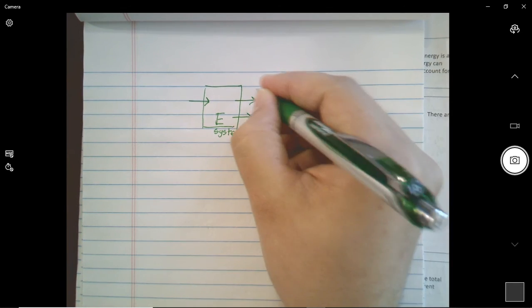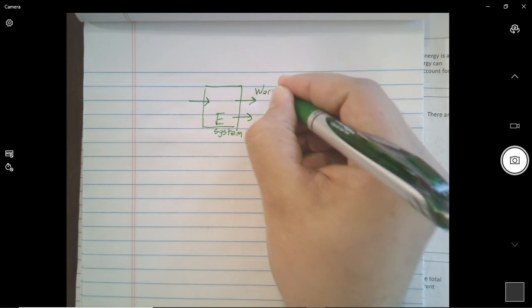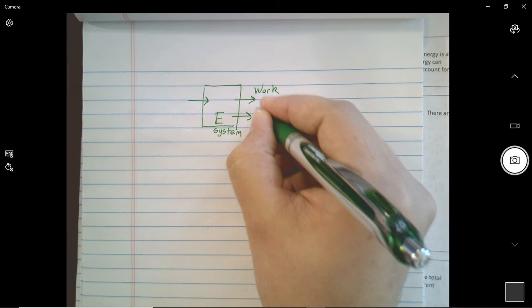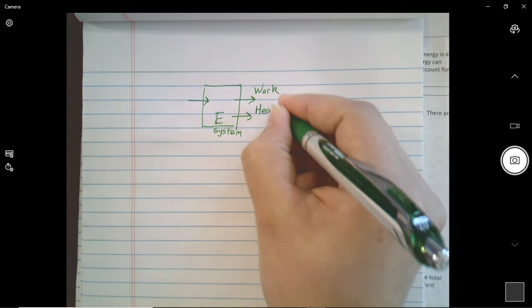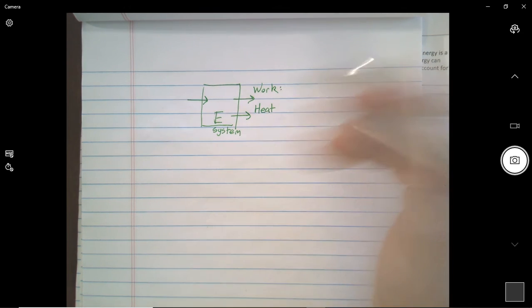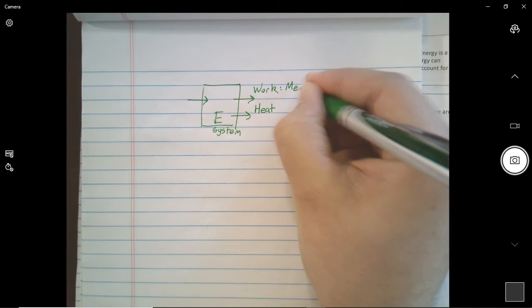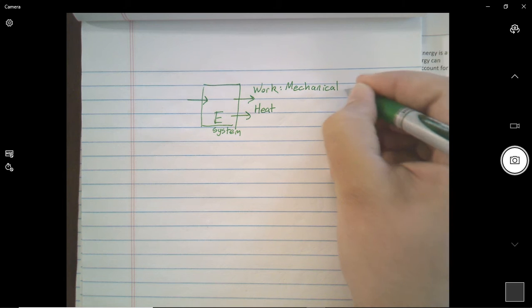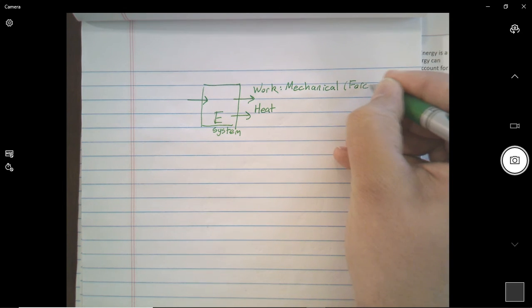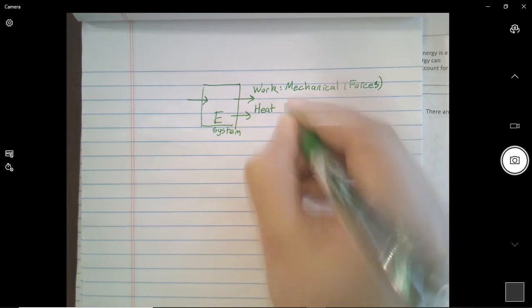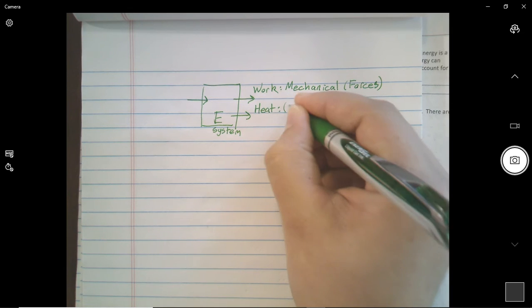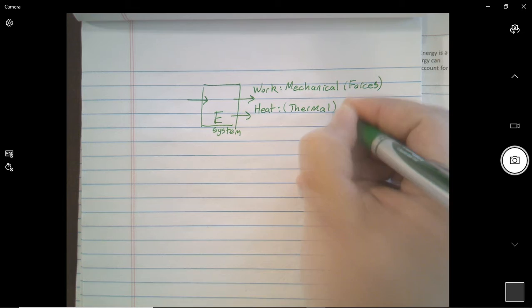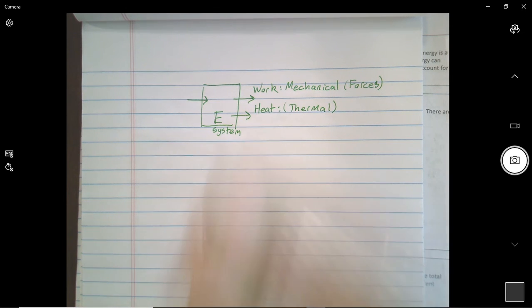One way it can go out is called work. The other way it can go out is called heat. Work is a mechanical transfer of energy, so that means there are forces involved. And heat is a thermal transfer of energy, which means there are different temperatures involved.